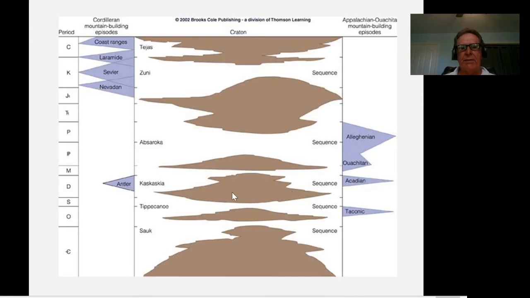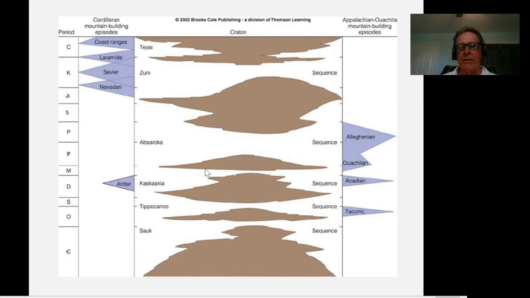If you recall this, it showed these transgressive-regressive sequences. I forgot to mention this when we talked about the Ordovician, but during orogenic events there tends to be a transgression, and then as the mountains build and elevate the land, you get regression. So here we have the Antler and Acadian orogenies in the west.